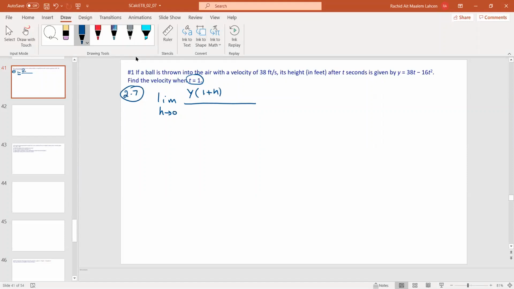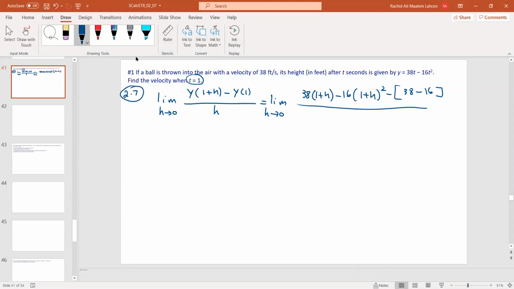So y of 1 plus h minus y of 1 over h, which would be 38 times (1 plus h) minus 16 times (1 plus h) squared minus y of 1. y of 1 is 38 minus 16, over h.